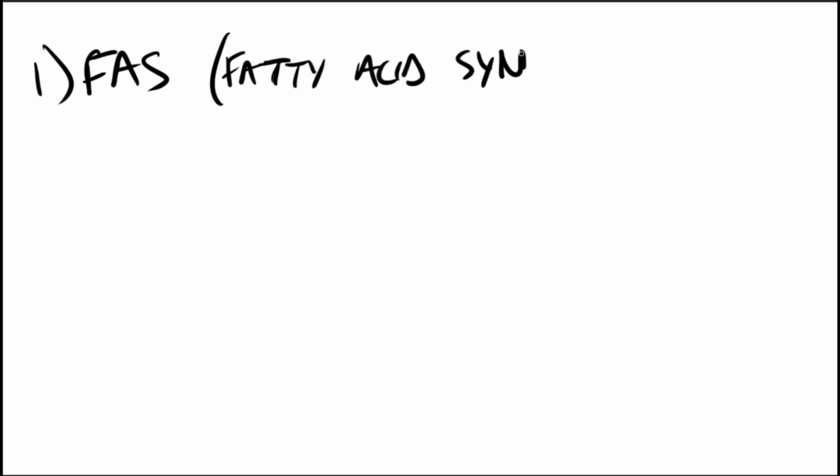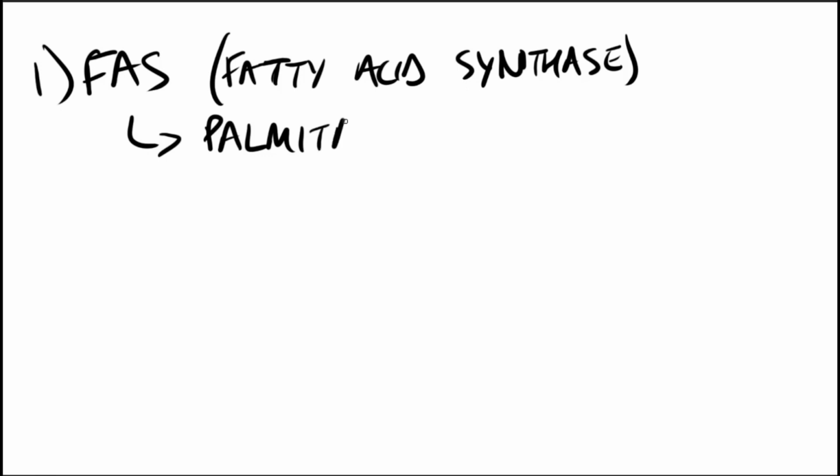The remaining series of reactions is catalyzed by the multifunctional dimeric enzyme FAS, which is fatty acid synthase. Palmitate, a 16-carbon, fully saturated long-chain fatty acid, is the primary end product of fatty acid synthase activity. However, it can further be elongated.